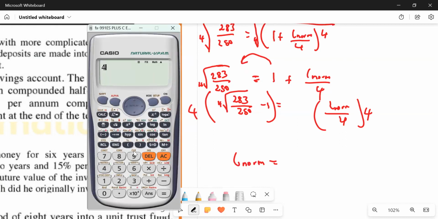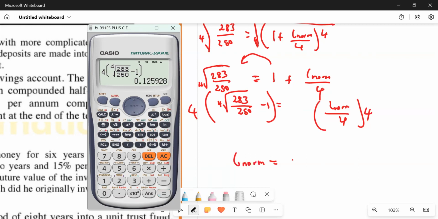We have 4, open bracket, and then we have the fourth root, so instead of 3 here, we put 4. And then we have the fraction 283 over 250, minus 1, and then we close our bracket.